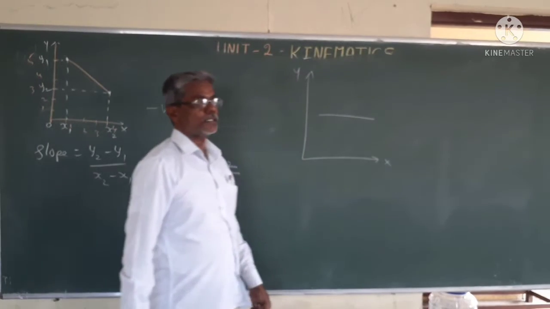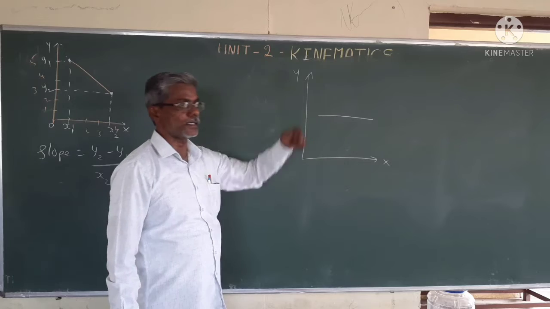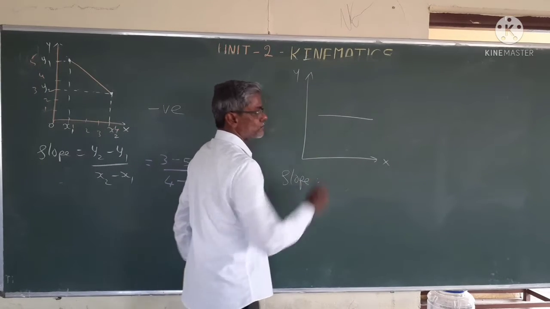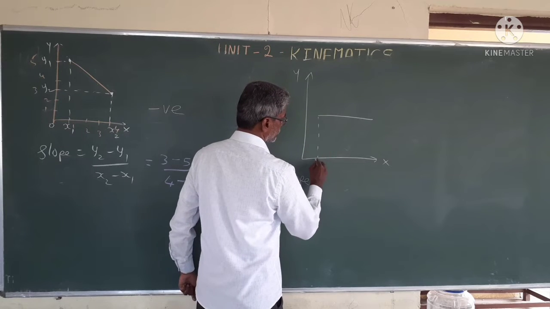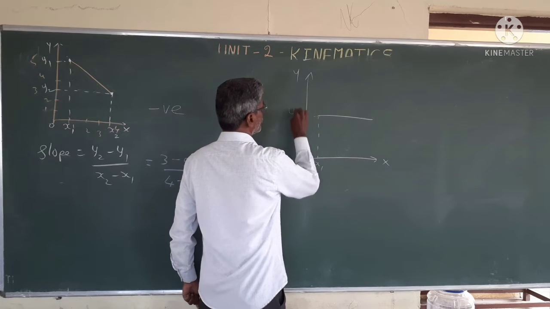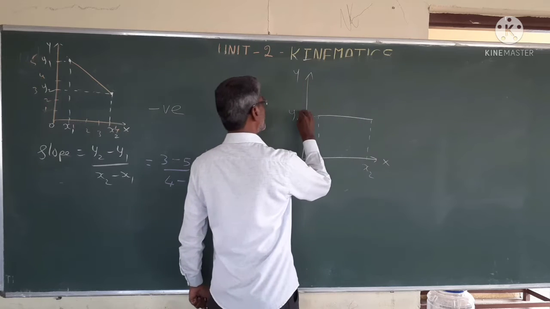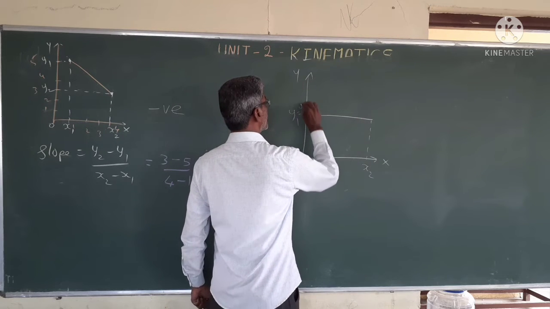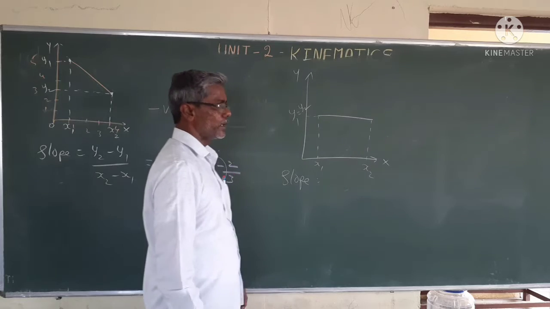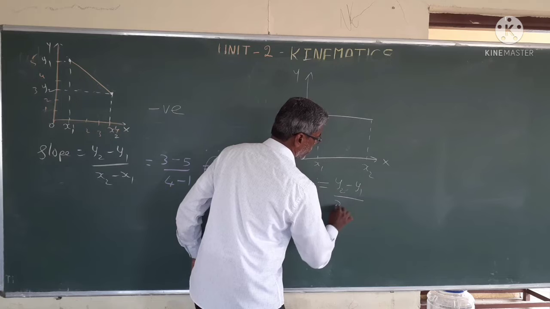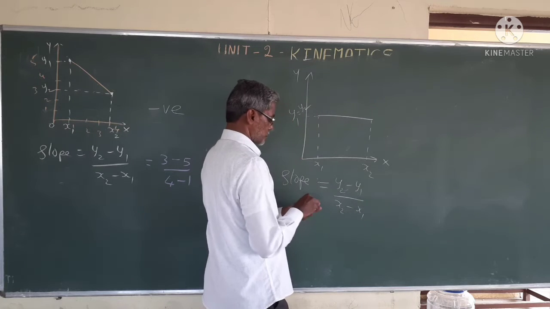Next, if the line is horizontal to the x-axis, what will be the slope? Here x1, y1 and x2, y2 are on the same line, so I can write y1 is equal to y2. The formula for slope is y2 minus y1 by x2 minus x1.